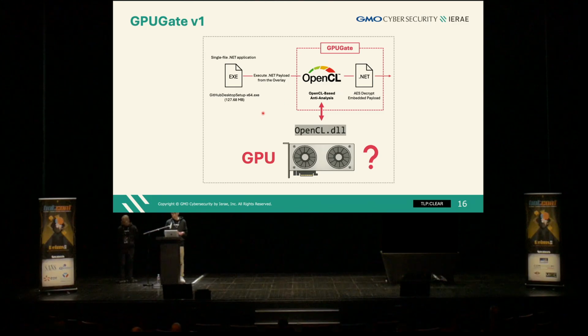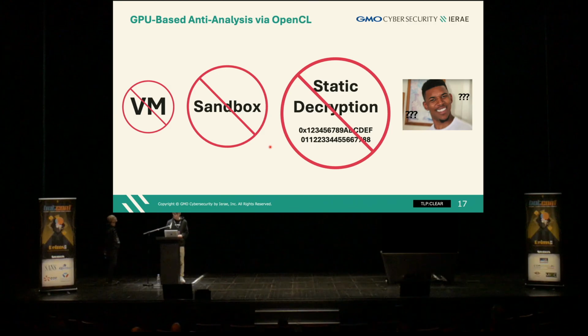And this is really where the struggles began for me personally. When I first started analyzing the malware in early September of last year, it wouldn't run in a VM or in a typical sandbox because there's no GPU or OpenCL runtime.